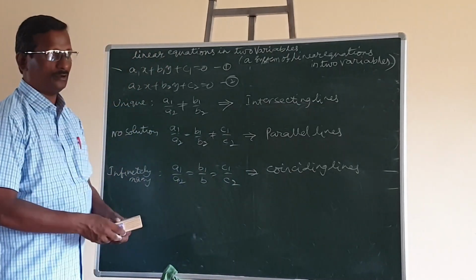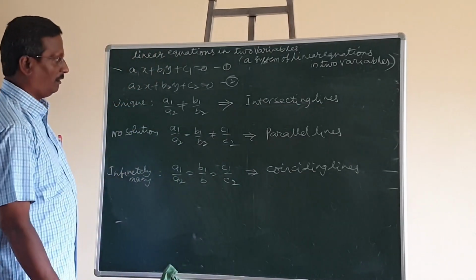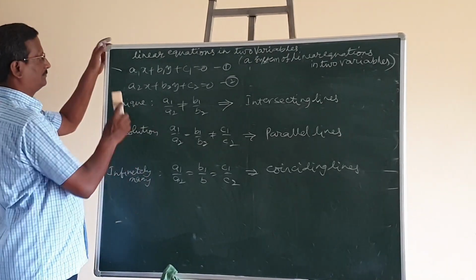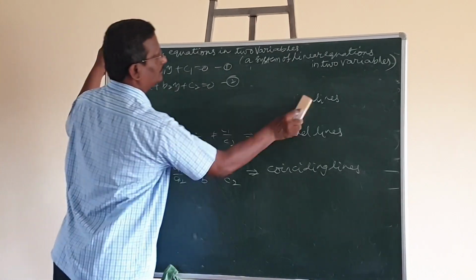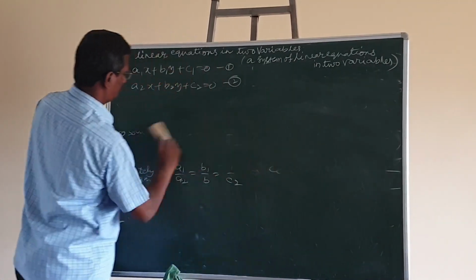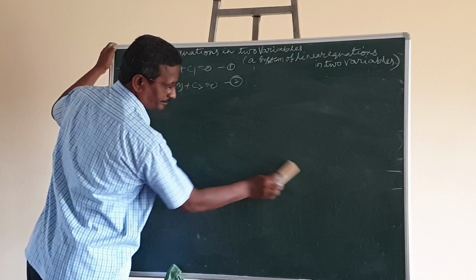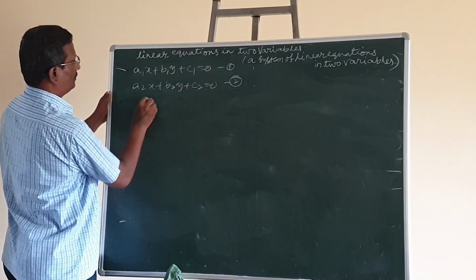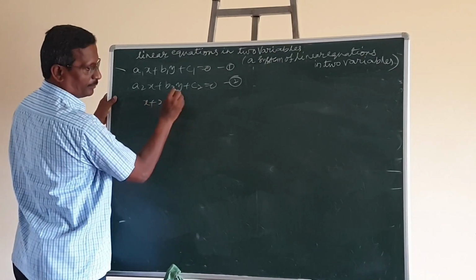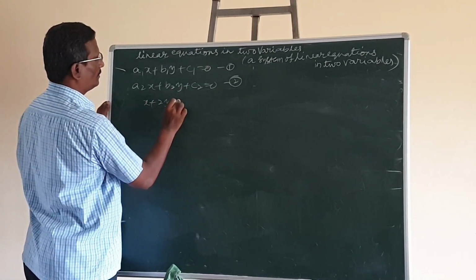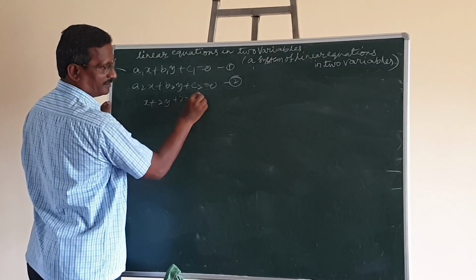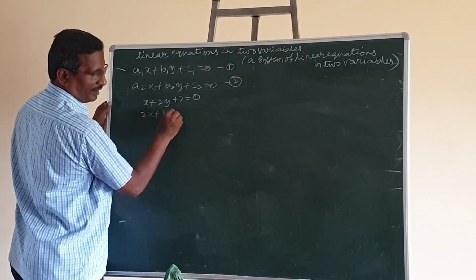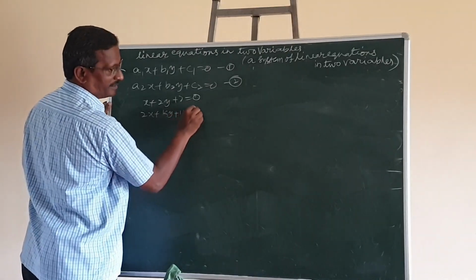Next, let's do one question using this kind of application. Now for the question: x plus 2y plus 7 is equal to 0, 2x plus ky plus 14 is equal to 0.